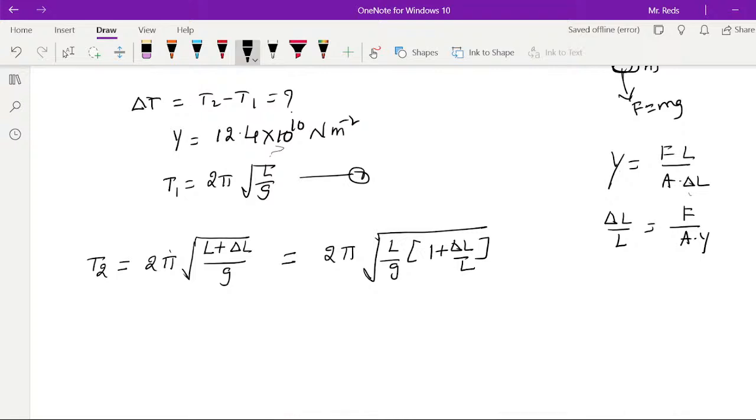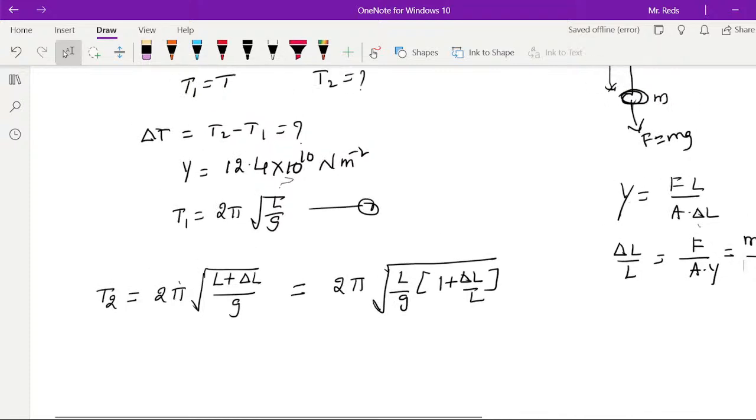F is nothing but the load, right? Here, the load can be taken as mg. So mg by the area can be taken as A only. Is there anything explicit about the radius and all?